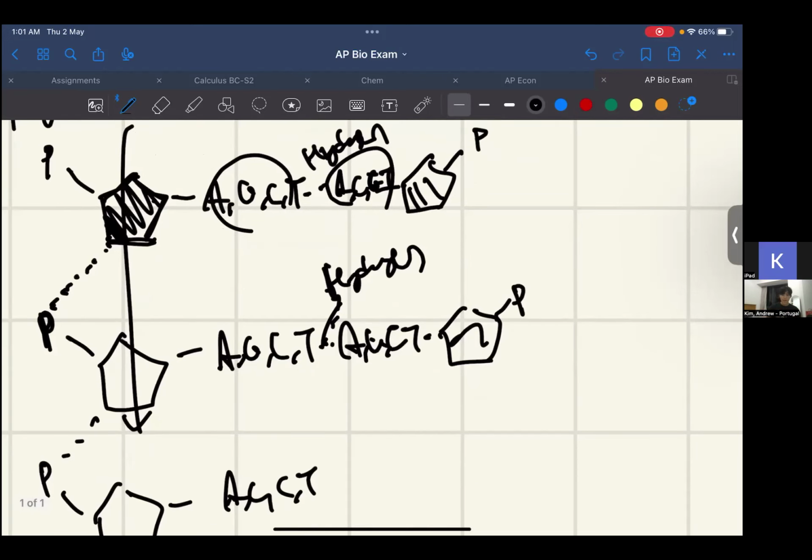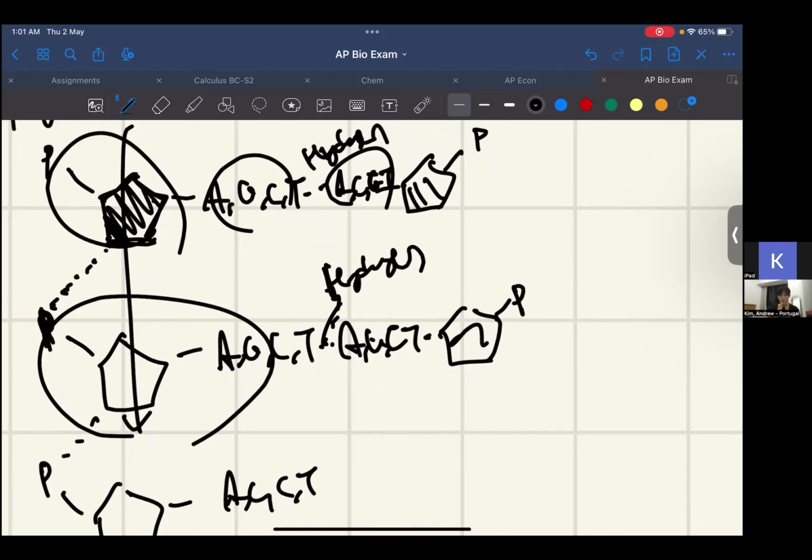So one important thing is, again, I made a mistake. What connects each of them on one singular strand? I said it's hydrogen bonding, right? That was a lie. It's actually a dehydration synthesis, okay? So what's interesting is you have both hydrogen bonding and dehydration synthesis in DNA, right?